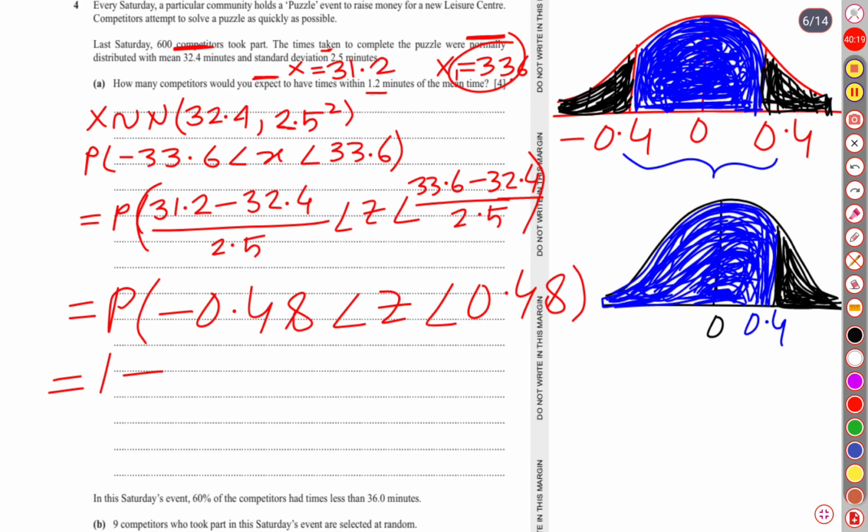From 1, we subtract the probability of z greater than 0.48, because we are going to subtract the right side. It should not be less than.